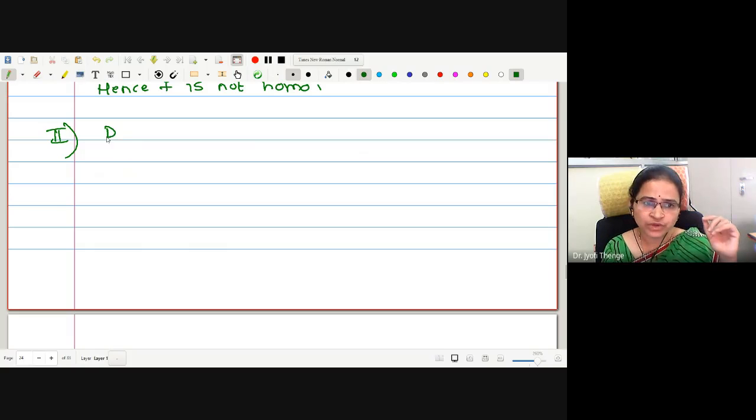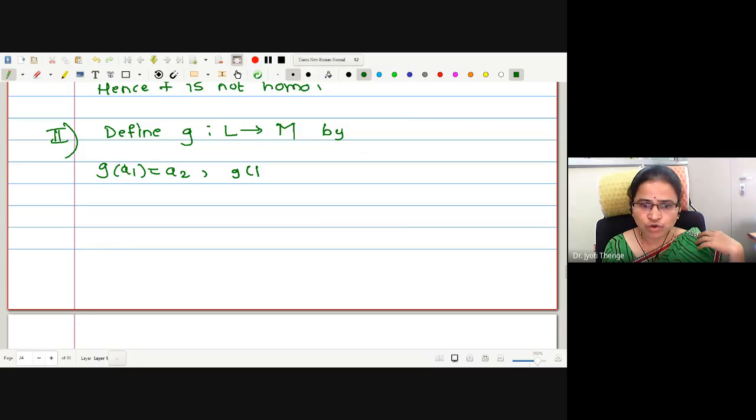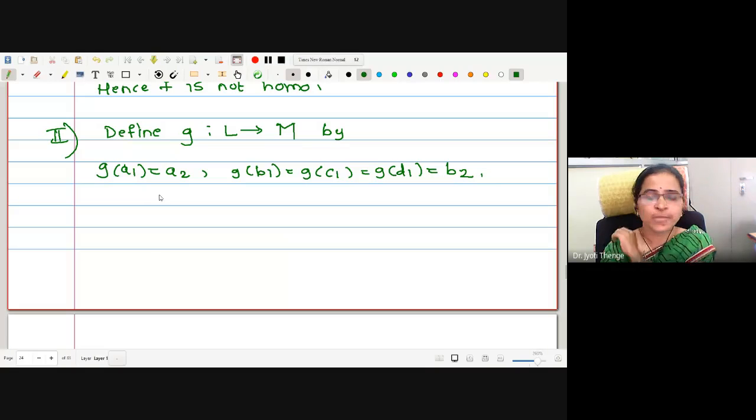Okay, we are going to define another mapping G from L to M. G of A1 is equal to A2, G of B1 is equal to B2, G of C1 is equal to G of D1 is equal to B2.